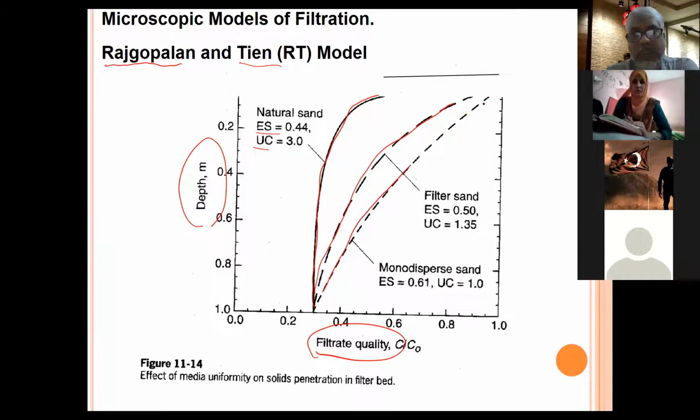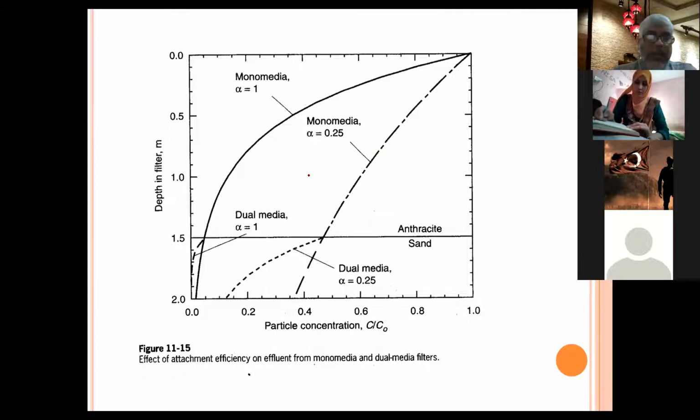This model can be used to predict, for specific particles, what the quality of the filtrate will be at what depth. It can be used even for dual media or monomedia. The Rajagopalan and Tien model is very popular for prediction.